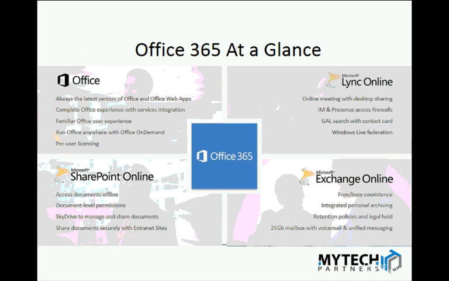As long as you have an internet connection, you can go in and view and edit applications. You've got the same familiar experience. It's nothing different. You've got the new version of Office, obviously, but you're already familiar with the user interface for the most part, and it's fully integrated with the rest of these applications.